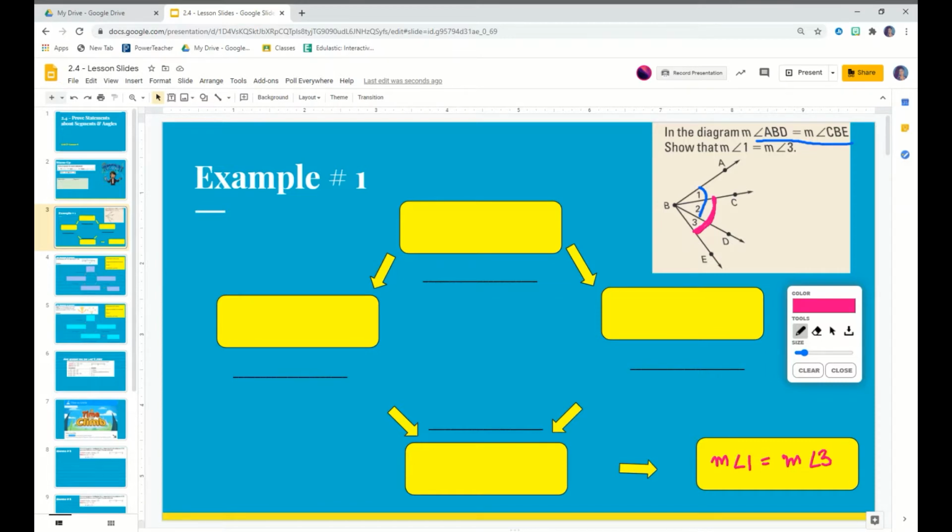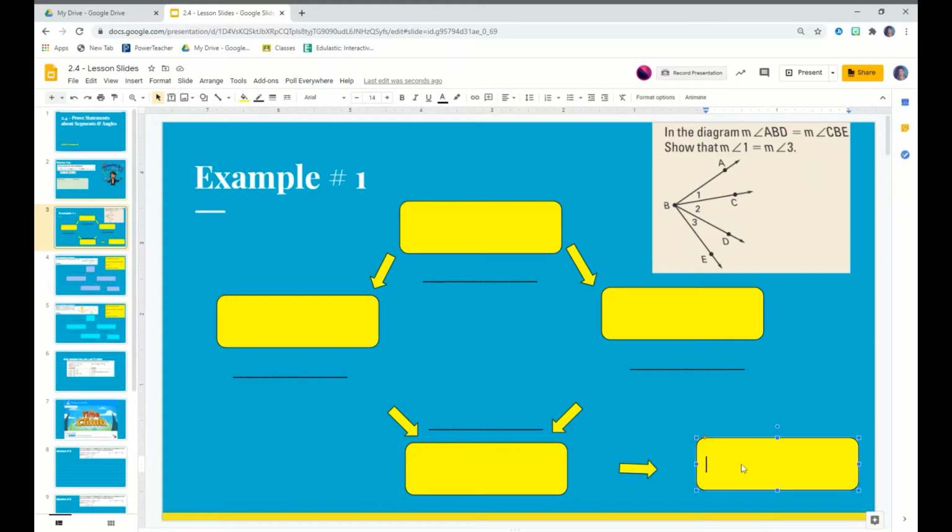That's where I want to end up. Remember, the blanks here are my reasons. The ones in the boxes are actually my mathematical statements. Okay, and I'm actually going to type this. So I'm going to move stuff around. So the measure of angle 1 is equal to the measure of angle 3. So that's where I want to end up.